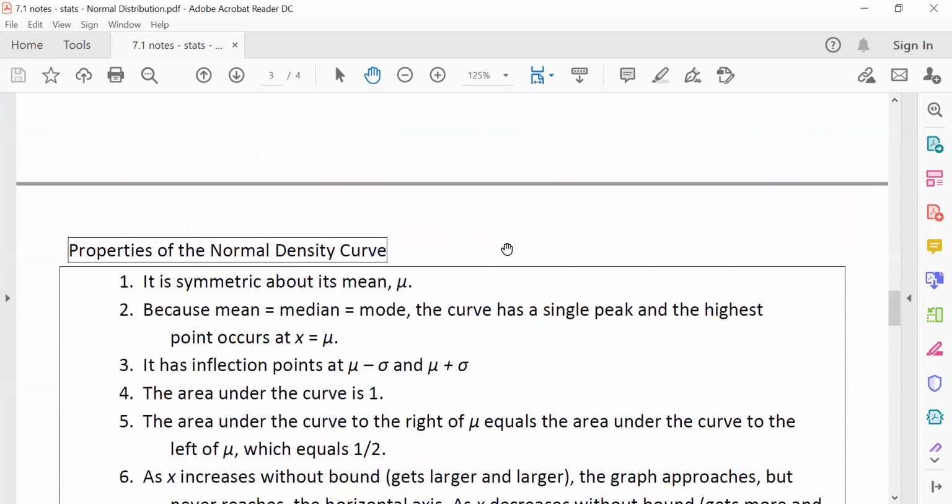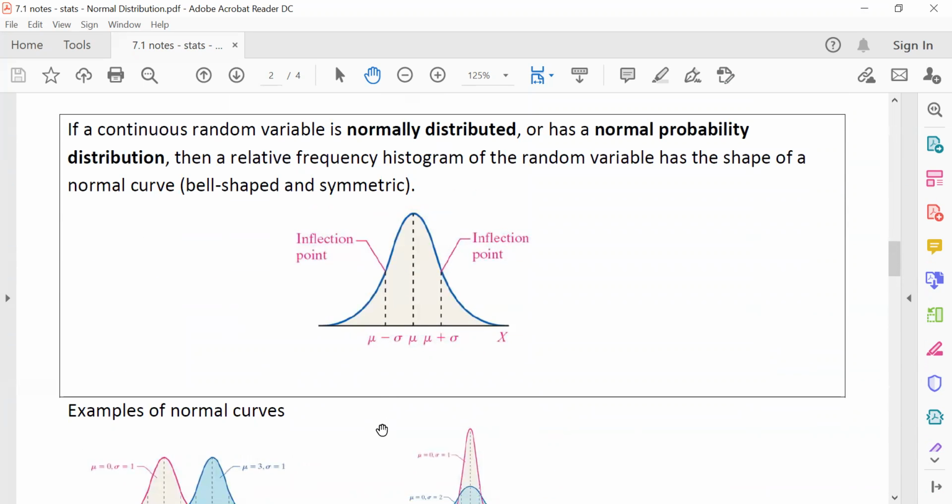Now that we're talking about probability and area under the curve, we can say the median is the value for which there's a 50% chance that a randomly selected value will fall below it, and a 50% chance that a randomly selected value will fall above it. And since the mean, median, and mode are all the same, that's also true of the mean. There's a 50% chance a value will fall above the mean, and a 50% chance a randomly selected value will fall below it. It kind of works out that way. It's pretty interesting.